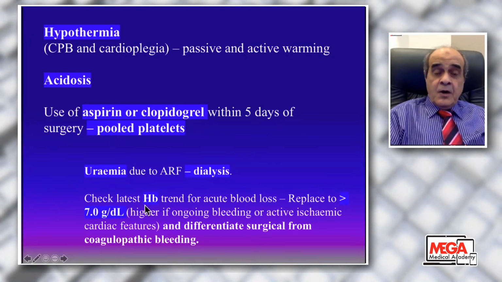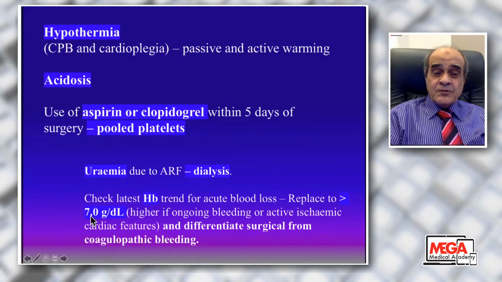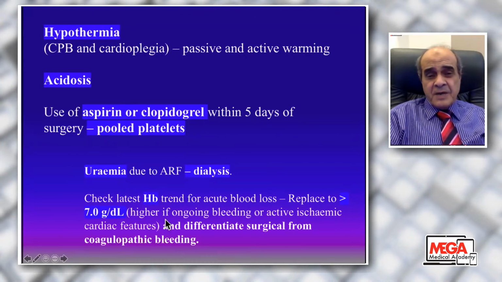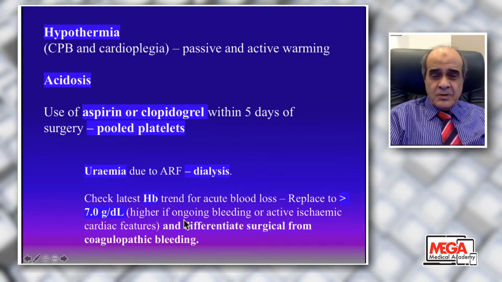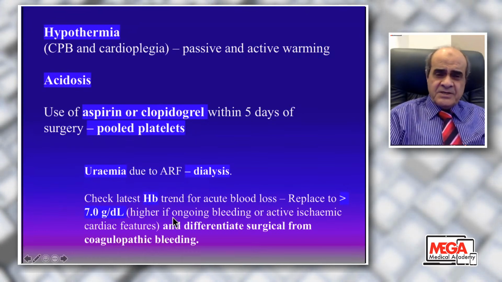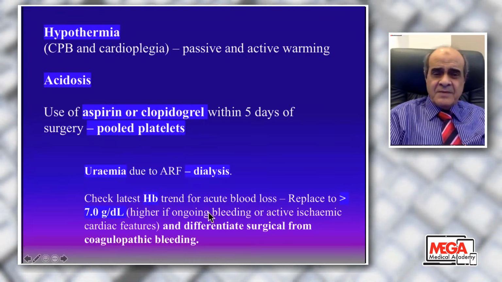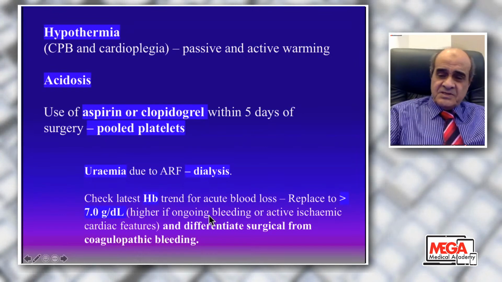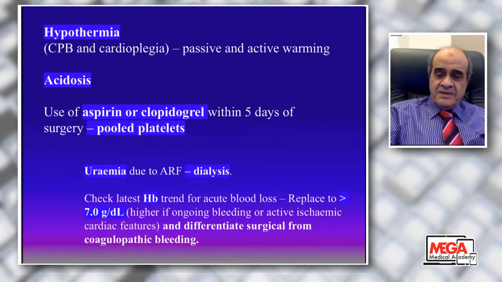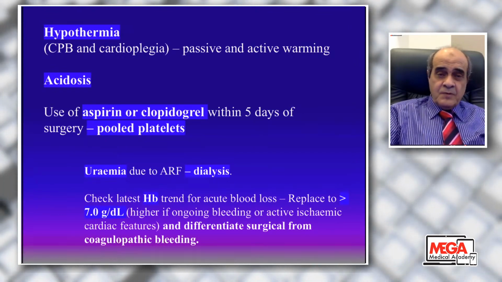Also try to correct the hemoglobin to more than 7 grams, and in my opinion, I would increase the hemoglobin concentration to more than 9 grams, especially in patients suffering from bleeding tendency or hemorrhagic shock.